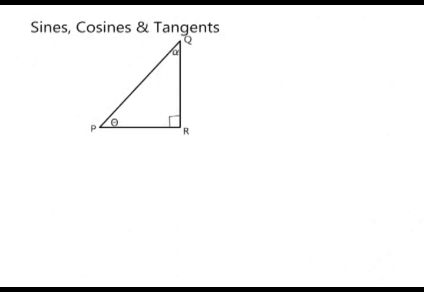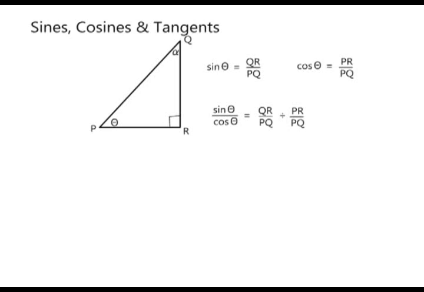Next, we look at the relationship between tangents, sines, and cosines. Now, consider this right-angled triangle PQR. In this figure, sine theta is equal to QR over PQ, and cos theta is equal to PR over PQ. Therefore, sine theta over cos theta is equal to QR over PQ divided by PR over PQ.